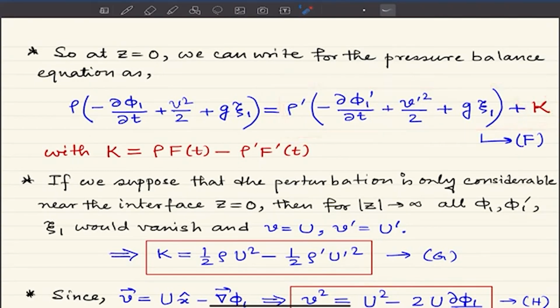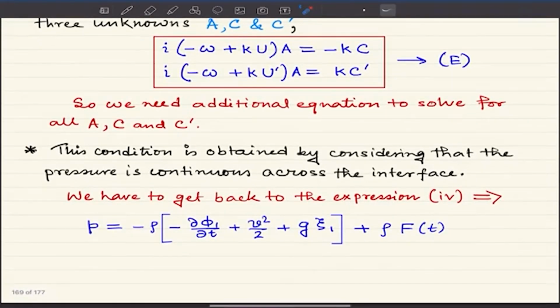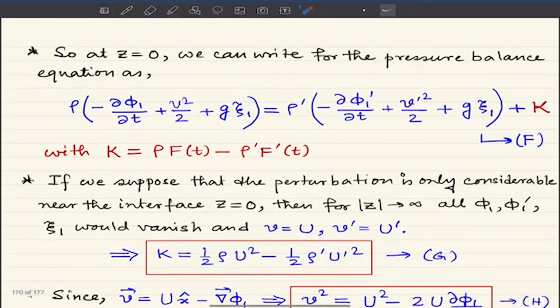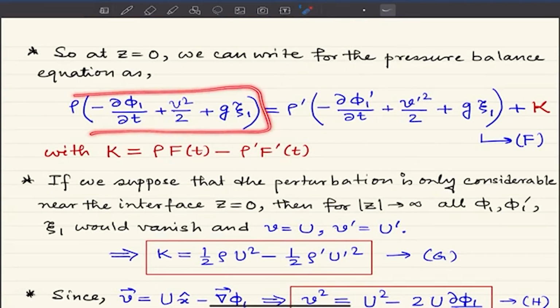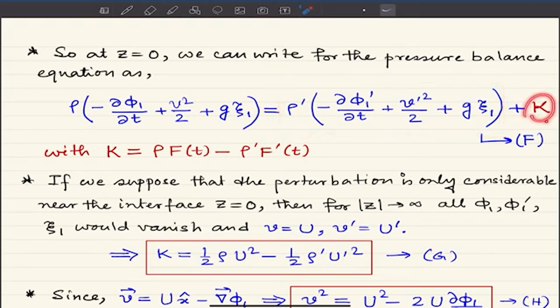What I said is a bit problematic, because K is there. So a part of the pressure with the unprimed coordinates is equal to a part of the pressure with primed coordinates plus capital K, and this K contains rho f of t minus rho prime f prime of t. These algebraic steps you can do easily.